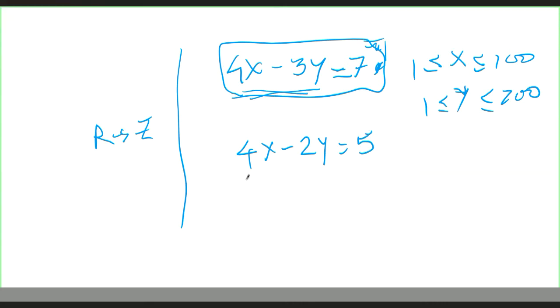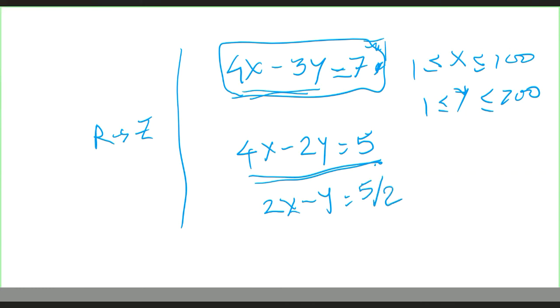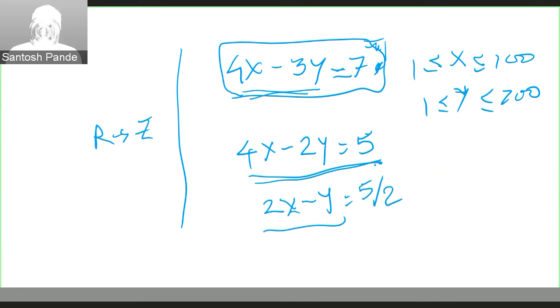Now, if you really look at this example very carefully, what is going on is we can change this particular example to 2x minus y is equal to 5 by 2. So you can easily see that we took a GCD here, which is 2, and moved that around here.